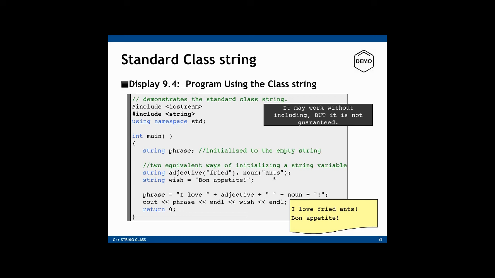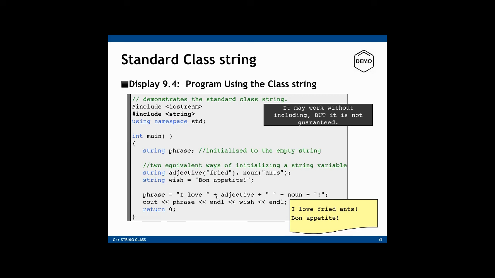And you can also initialize a string class variable with the assignment operator like this. So these two methods, the function notation and assignment operator, are the same. You can use either approach to initialize a string class variable, so you can choose one of them.